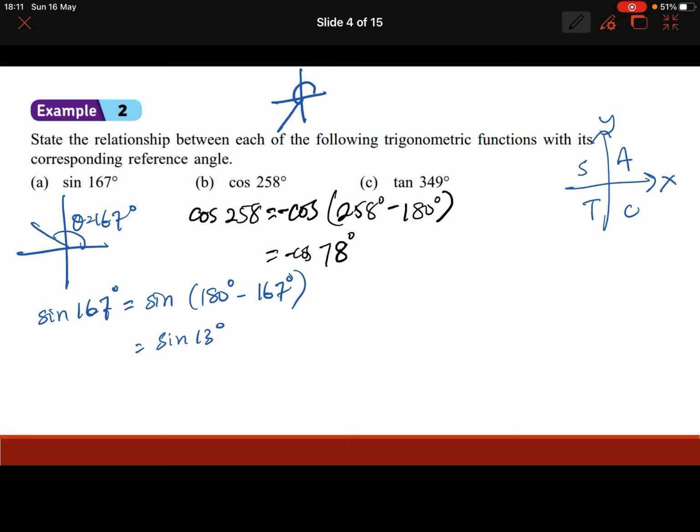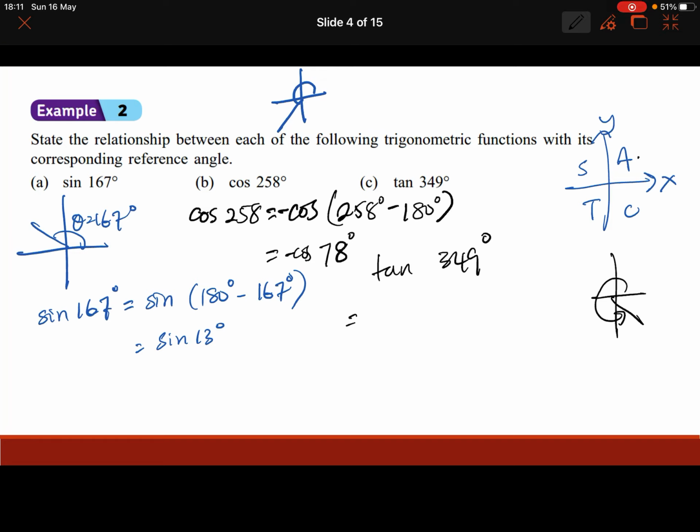Okay, and the last one is tan 349. Can you do that for me? 349 is located in quadrant 4. So tan 349. Tan in fourth quadrant is negative.